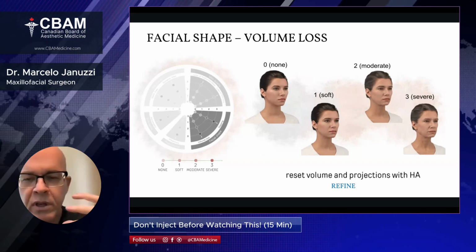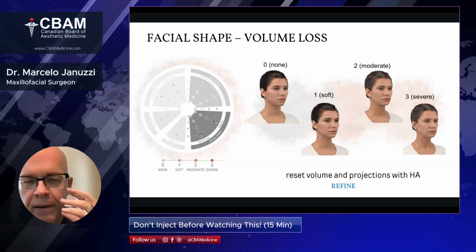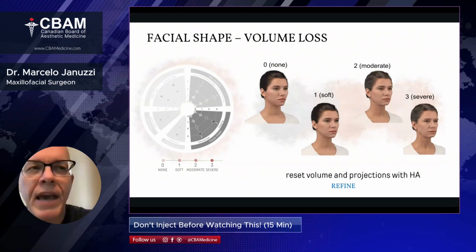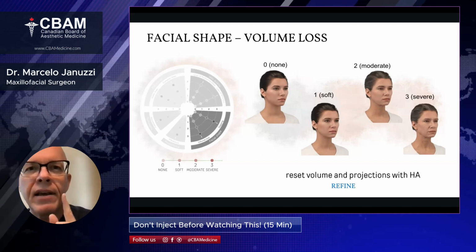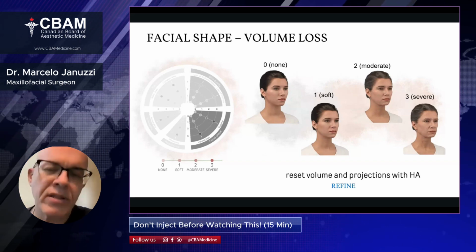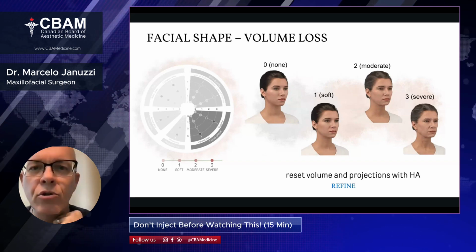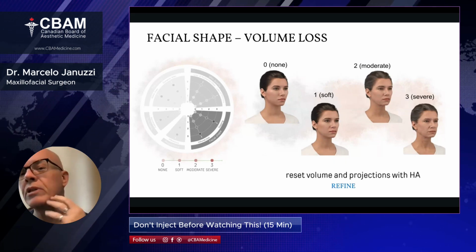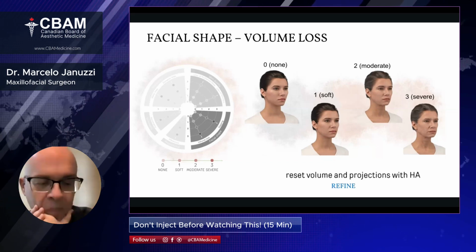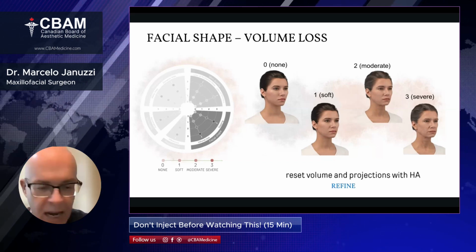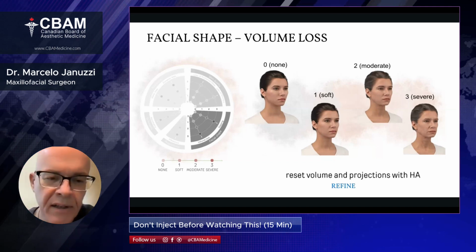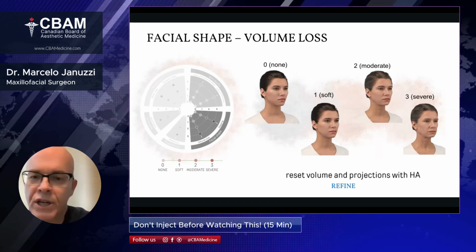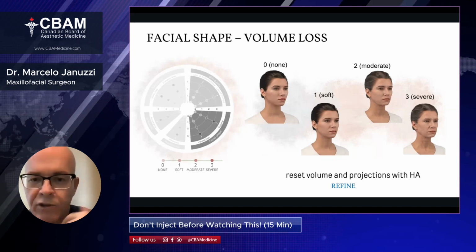We can put the hyaluronic acid in the exact position that the aging process asks us to. So it's not something random. We need to understand that fillers are not injected randomly in the face.